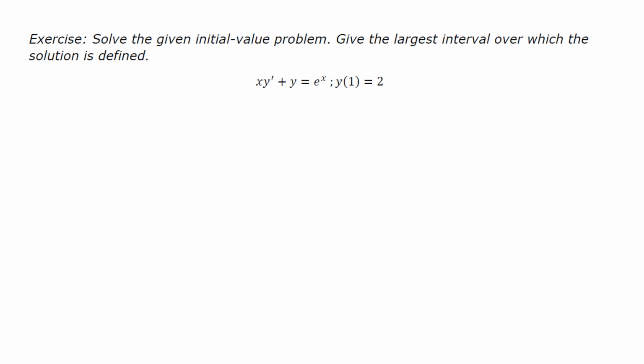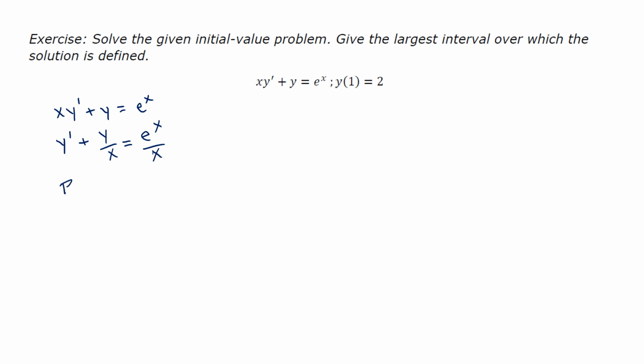So we have our DE, x y prime plus y equals e to the x, right? We are going to rewrite this in standard form by dividing all terms by x. So our first term is just the first derivative of y. So we have y prime plus y over x equals e to the x over x.